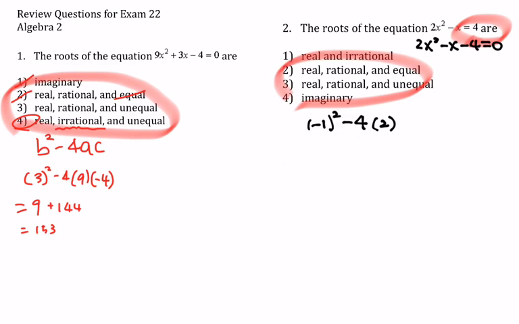In this way, you can see that the value of c is equal to negative 4. Now, when you add them up, we get 1 plus 32, then we get 33. Once again, since it's not a perfect square, our answer will be real but irrational. Choice 1 becomes the answer.